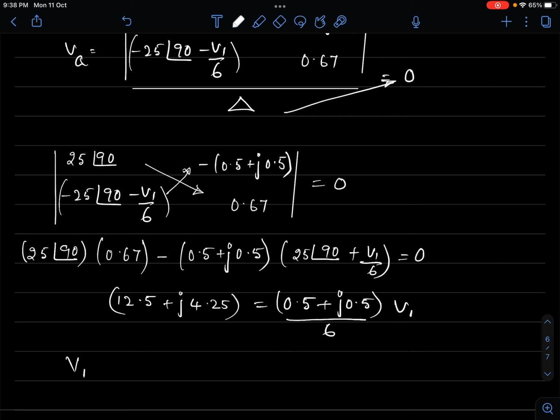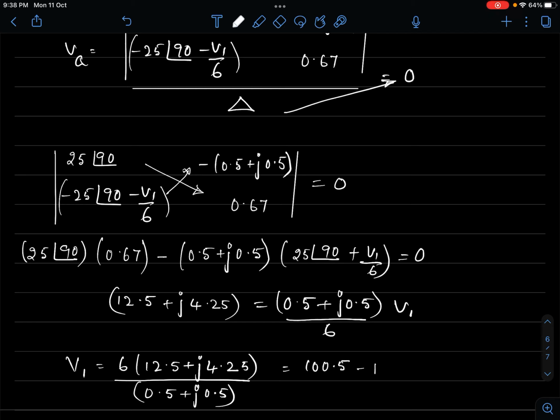So V1, if you compute, will be equal to 6 into 12.5 plus j 4.25 divided by 0.5 plus j 0.5. That we will get as 100.5 minus j 49.5, so many volts.